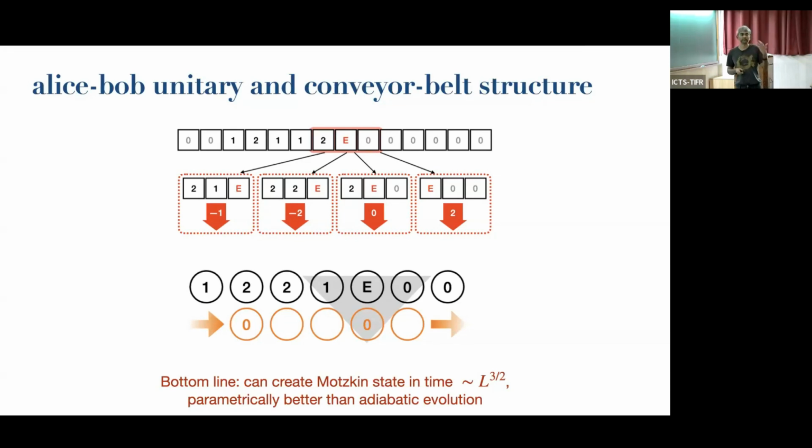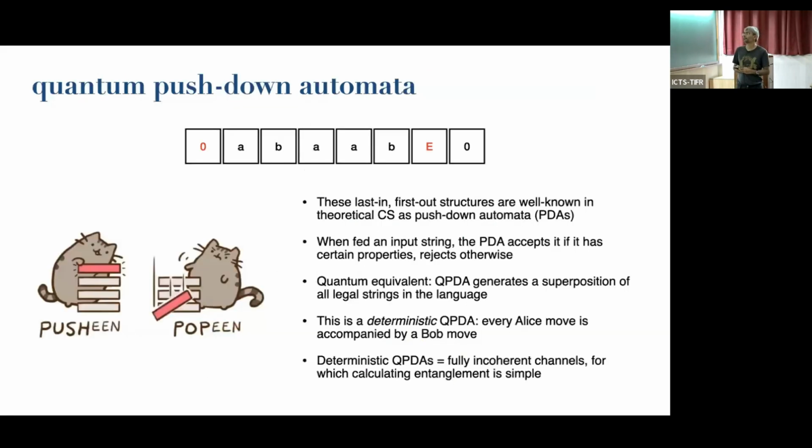Whereas if you tried to prepare the state using adiabatic state preparation or something like that, it would be a substantially higher power of L, probably something like L cubed. So this process, at least for this concrete example, gives you a parametric win in terms of how easy it is to prepare the state.